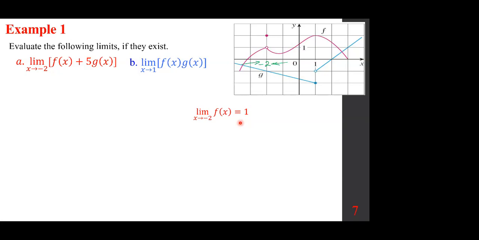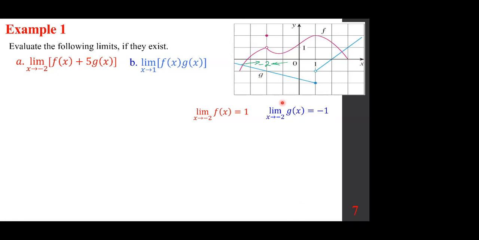Let's look at the next one, which is g of x. We are going to look at the blue one, okay? So the left side of -2 takes us here. The right side of -2 takes us to the same spot, okay? And this has a y coordinate of what? -1.